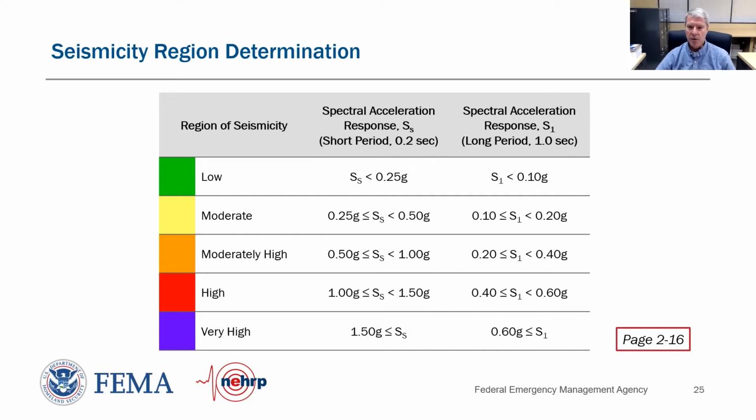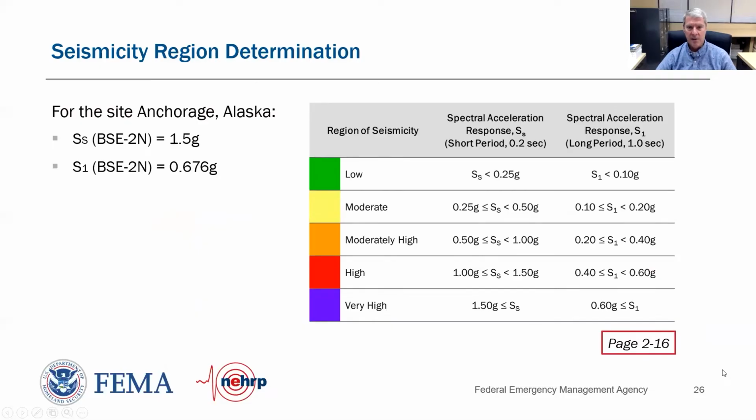So if we take our 2 values that we found, 1.5 and 0.676, and compare them to our table, what we'll find is that our 1.5 sits right at the break point between high seismicity and very high. And so to be in very high for S sub S, it's 1.5 G equal to or greater than puts us into the very high category.